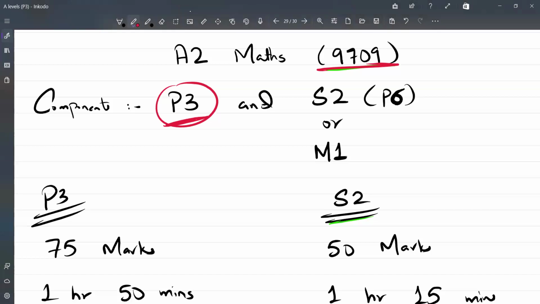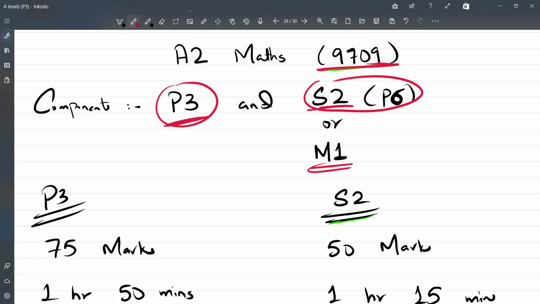And then at the college level, you're given a choice between these two components, S2 and M1. Now, of course, since I chose S2 at my A levels, I will be teaching you guys S2, and we'll be discussing S2 in this video and not M1, right?